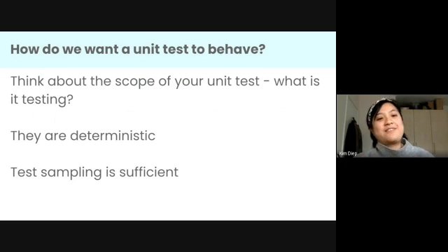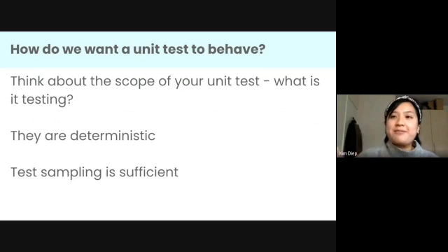Test sampling is important because you want to be able to test the right number of values. So for example, if I wanted to run a survey across the US to check the number of restaurants in specific states, I wouldn't just pick one data point from one state.